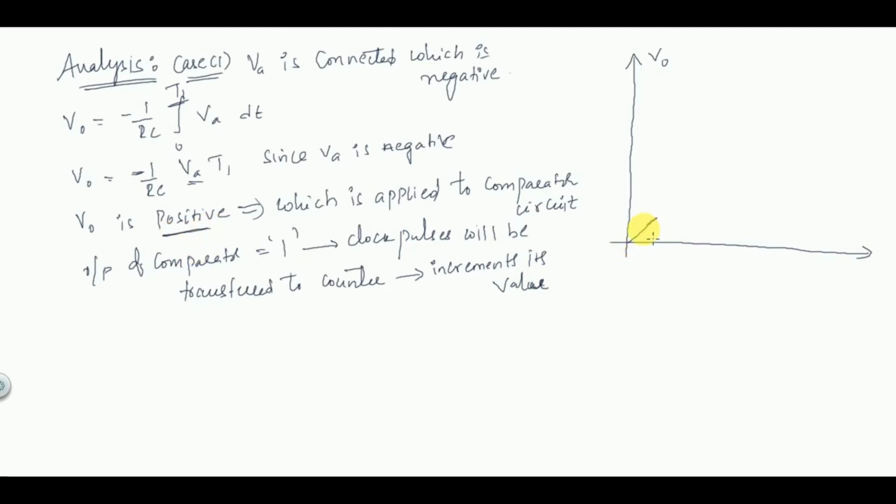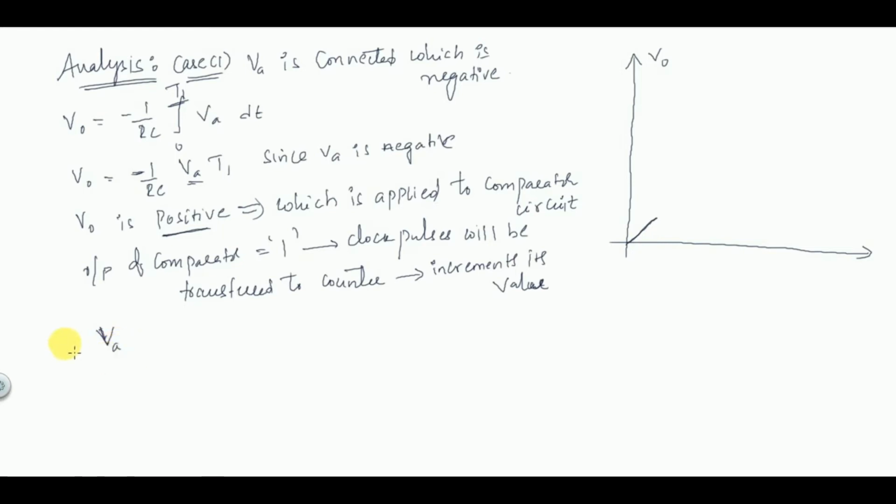So V0 now has a positive slope. When the binary counter increments its value, the process continues.